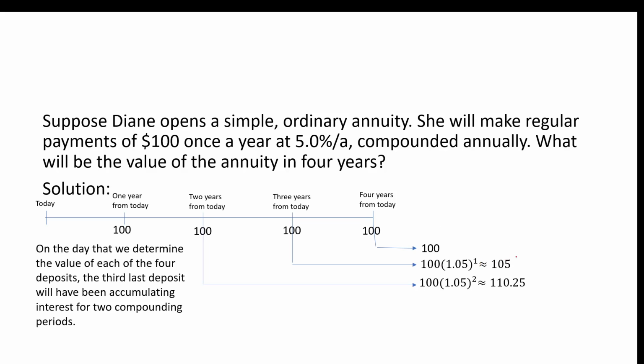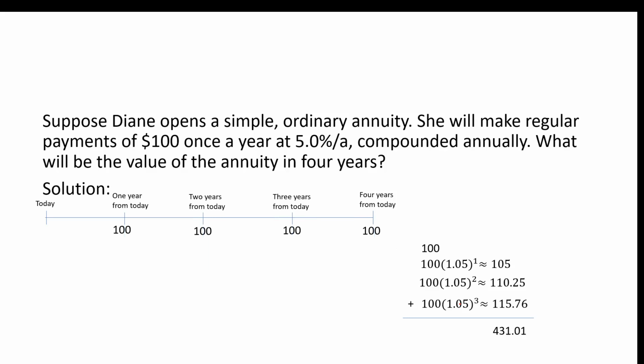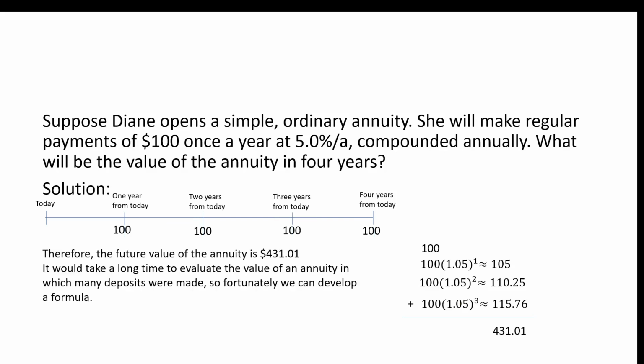The next one, 2 years before, will be worth $100 times 1.05 squared because it's had 2 compounding periods. And the first deposit that she makes 1 year from today will have had 3 compounding periods, so it'll be worth 100 times 1.05 cubed. So the total value of her annuity will be $431.01.